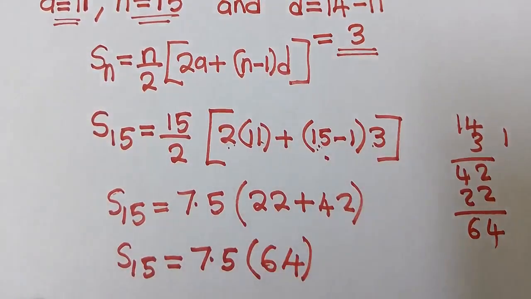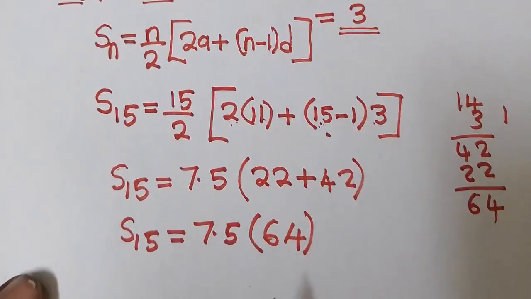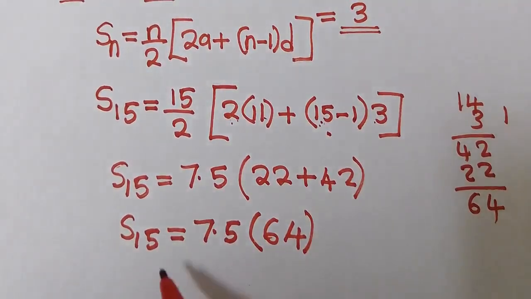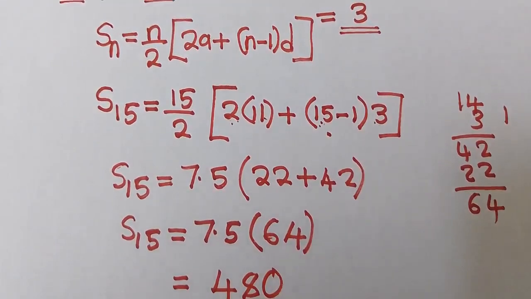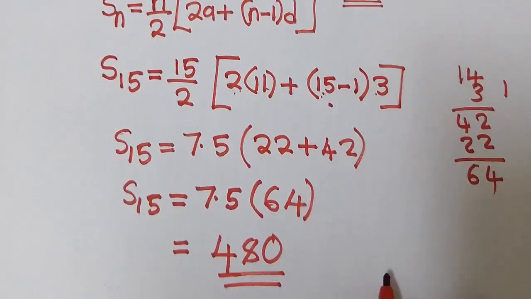So when you multiply there, what are you going to get? Your answer should be 480. So this is your answer.